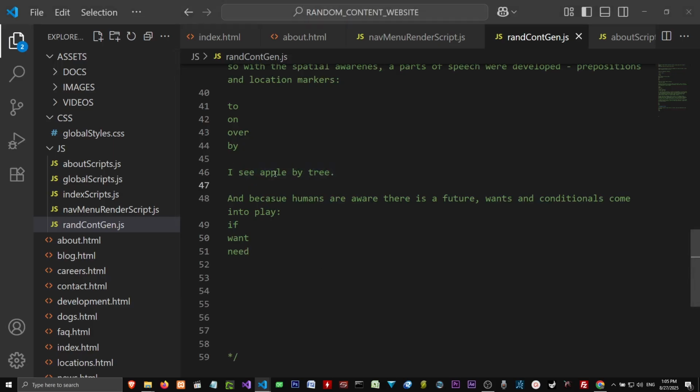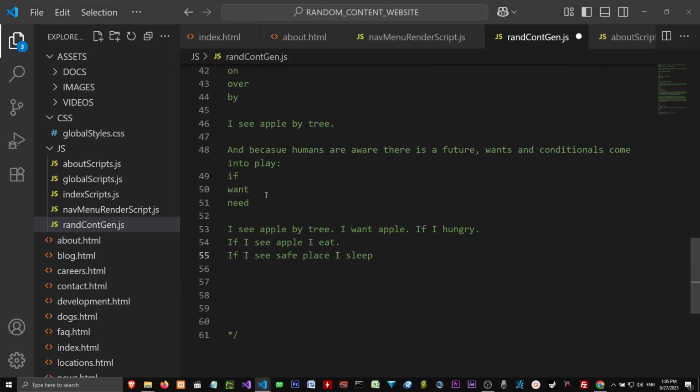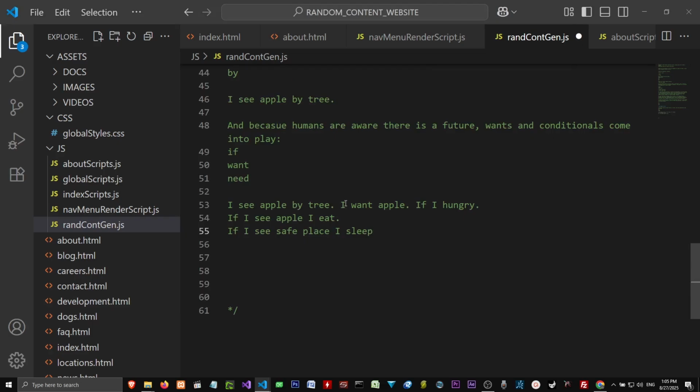So expanding upon I see apple by tree, I want apple if I hungry. This may seem gibberish, but if we rearrange that, let's put: if I hungry, I want apple, I see apple by tree.